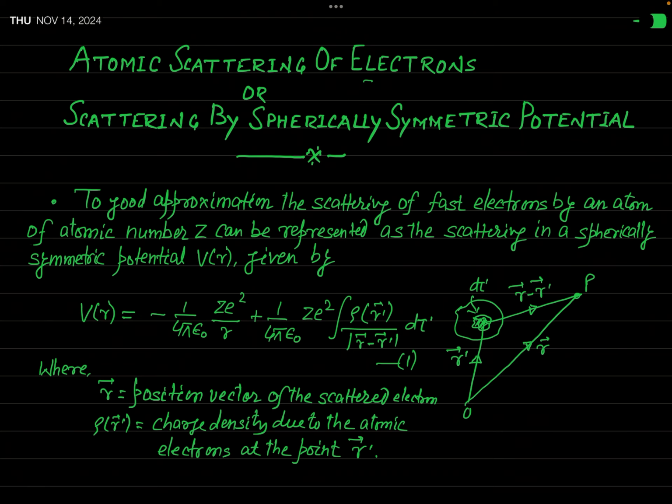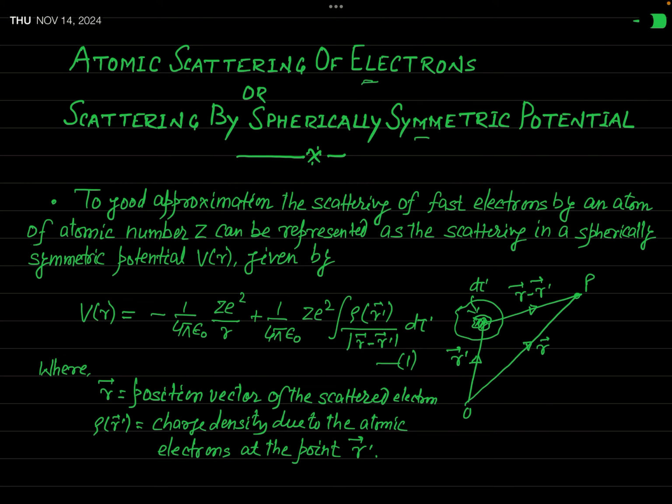When this question is asked in your examination, it is possible that you have to discuss scattering by a spherically symmetric potential. So you should note that when a question asks you to discuss the scattering by a spherically symmetric potential, you may write your answer in terms of atomic scattering of electrons.